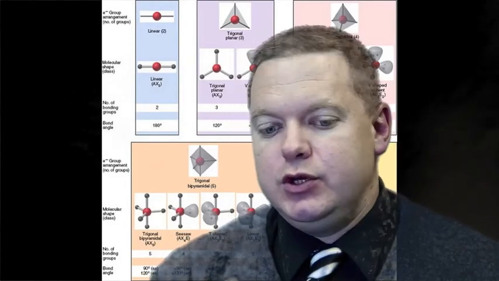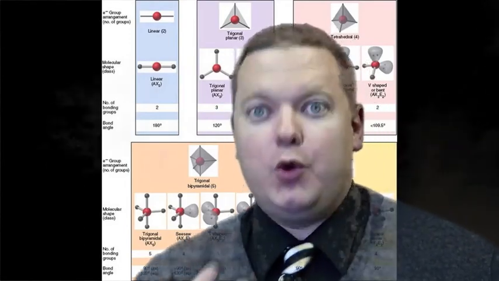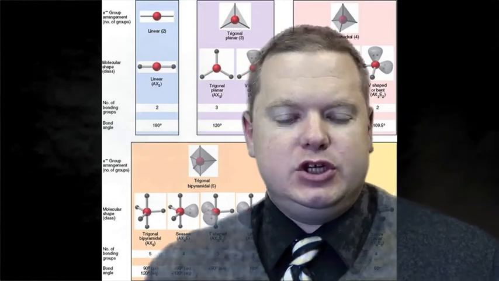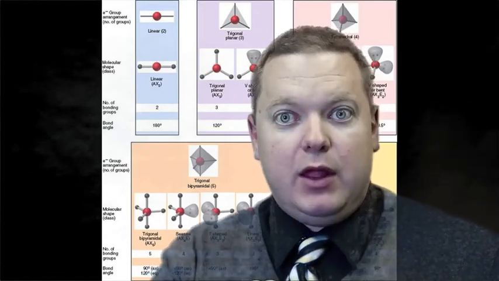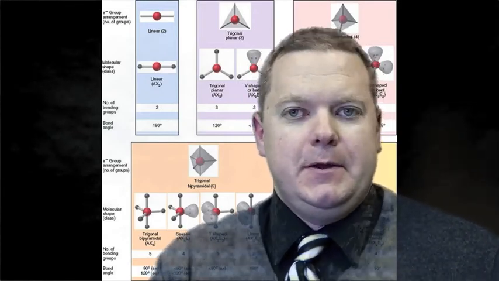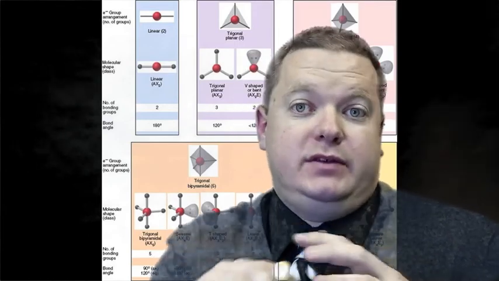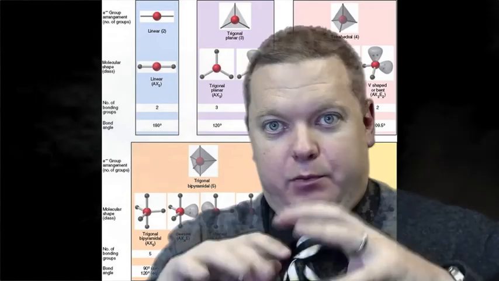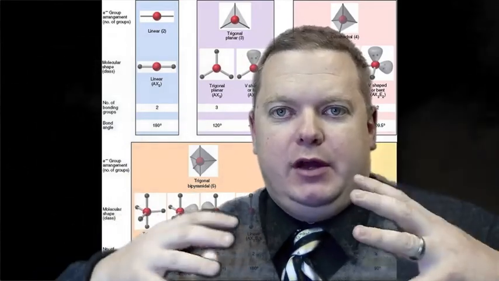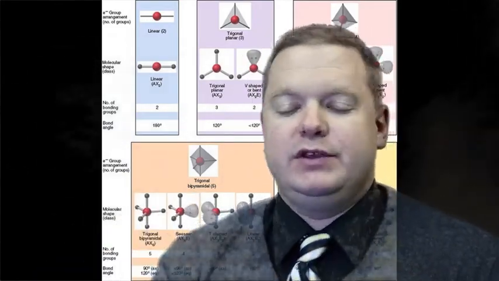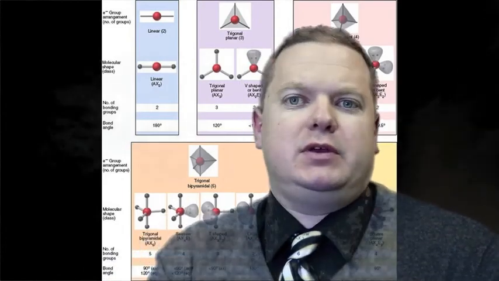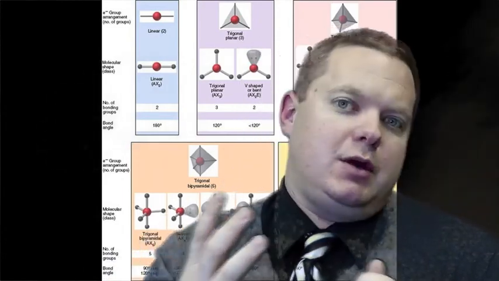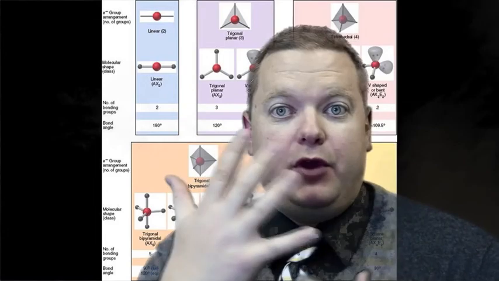Once we start introducing lone pairs, what we're going to see is this shape is going to change, but those electrons are still present. And they're still going to take up space, and actually they take up more space than if they were bound together, because they're free to move around. They're going to take up more space, even though they're really small. So that's going to change our shape slightly, but the base electron geometry, if you will, is still going to be one of those 5.